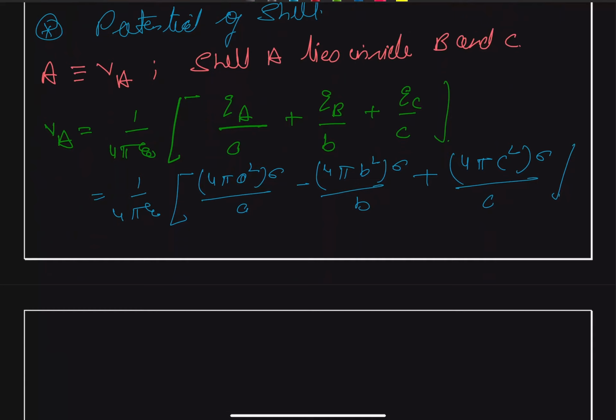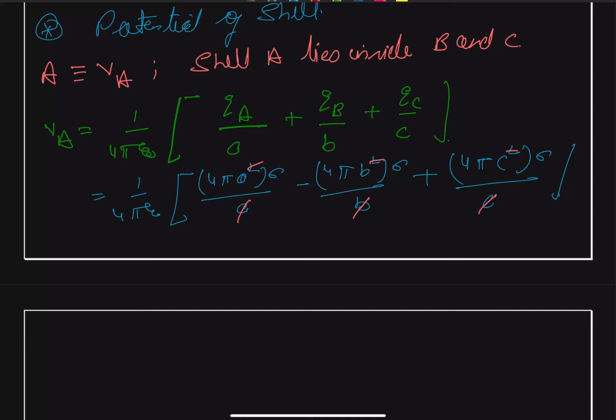And we can cancel out the square terms. So A goes by square, B goes by square, and C goes by square.